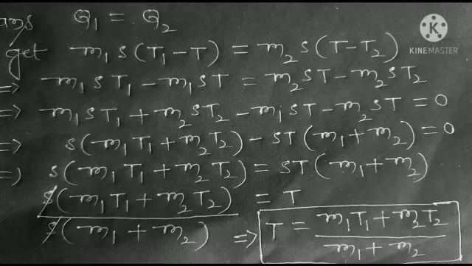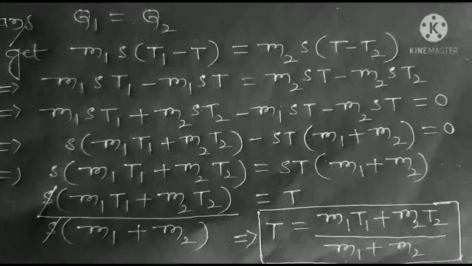By simplifying, M1 S T1 - M1 S T = M2 S T - M2 S T2. Simplifying further, we get the final temperature T = (M1 T1 + M2 T2) / (M1 + M2). This is the formula for the final temperature, right?